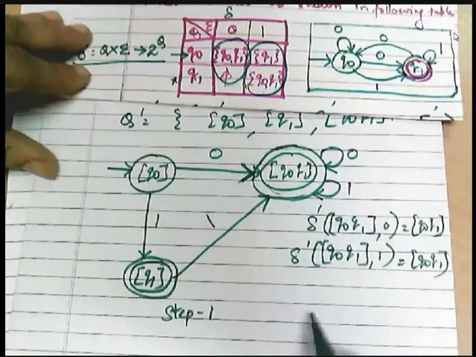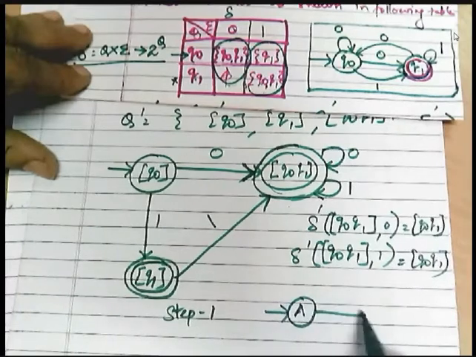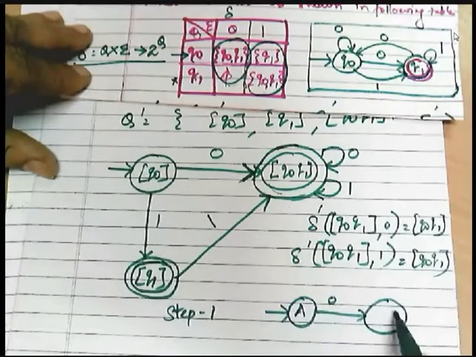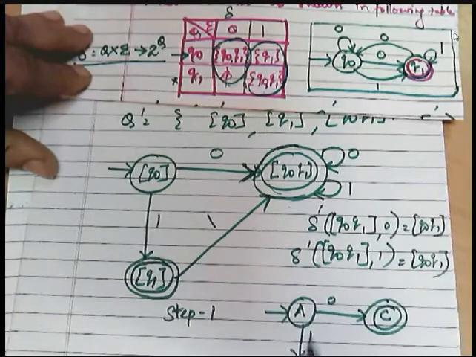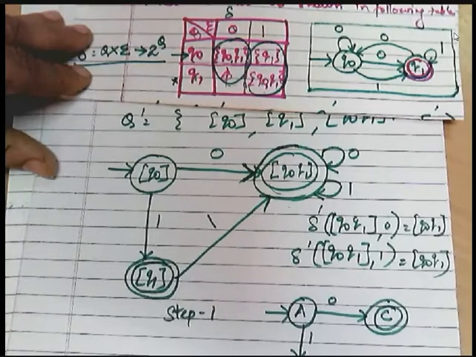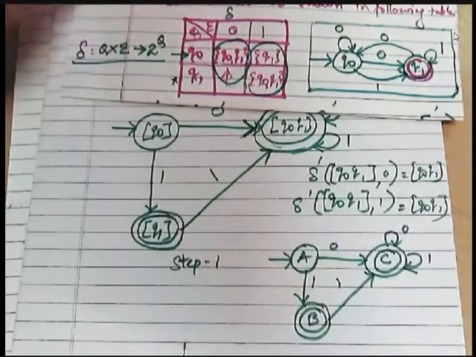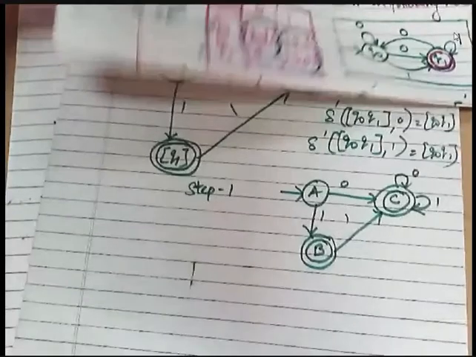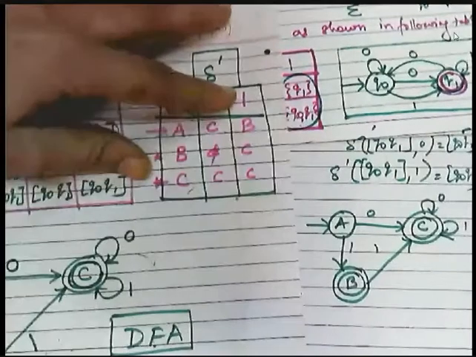Now, if you name the states in this diagram, it will look the same: A on 0 goes to C, A on 1 goes to B, B on 1 goes to C, C on 0 goes to itself, C on 1 goes to C. Now if you compare this with your earlier result, you can see that it is the same.